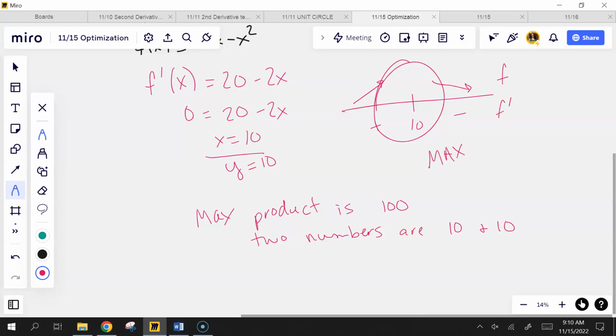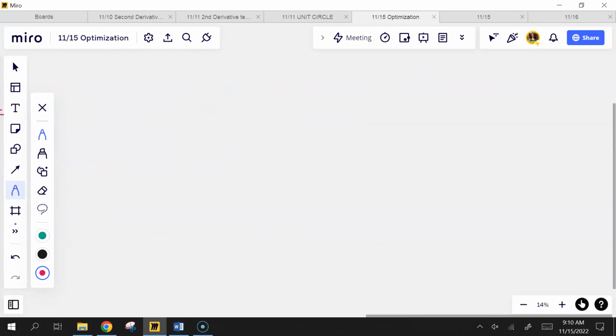This is number 2 from your homework. Maximizing area. What's the largest possible area? Let me not. I keep looking up at y'all and then losing my place where I'm reading. For a right triangle, I'm looking for the largest area.